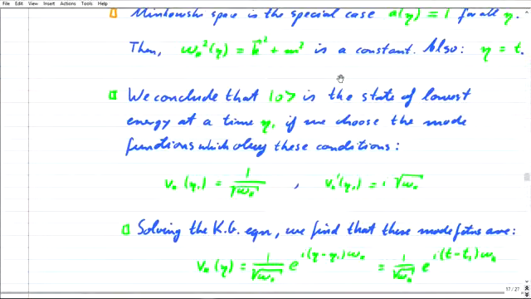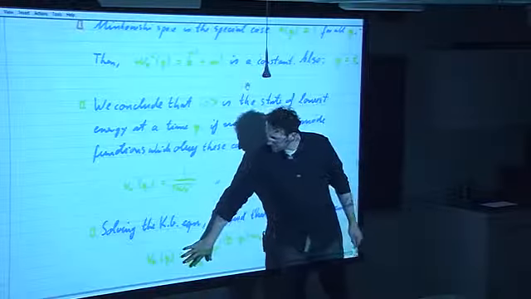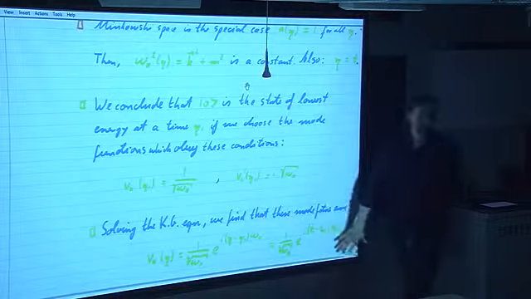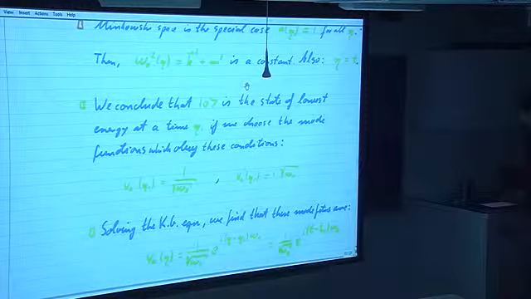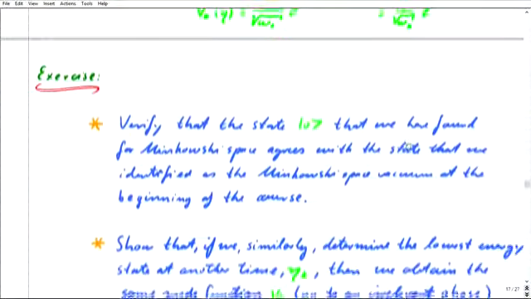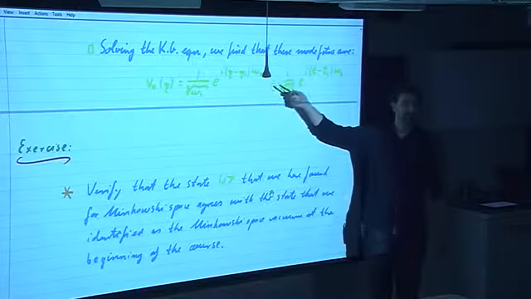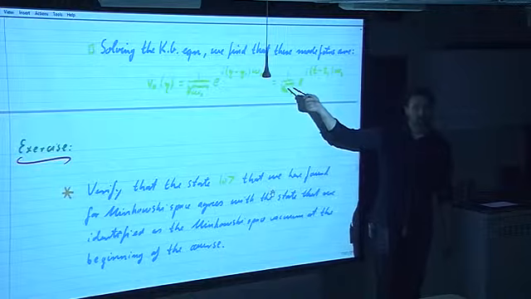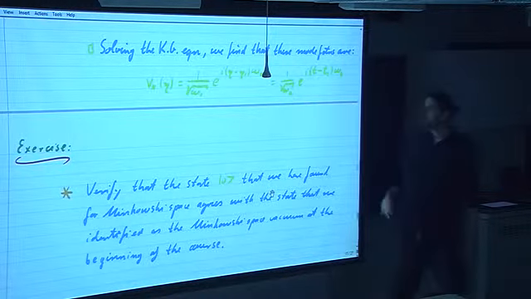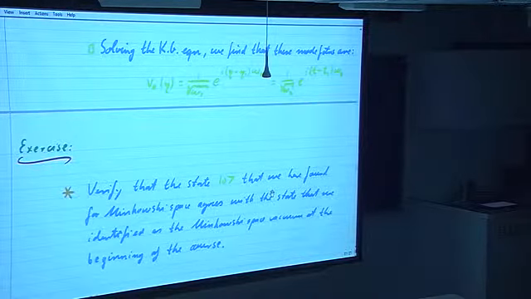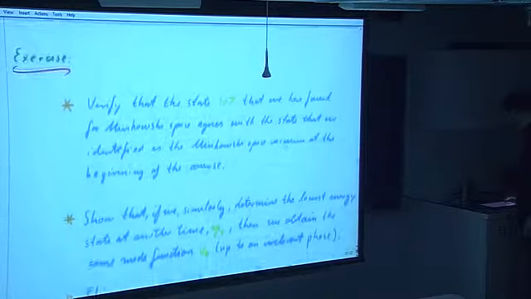So in the case of Minkowski space, this is the mode function that we derived in this way. And indeed, you should recognize that we worked with these mode functions before. That's exactly the mode functions that we worked with before in Minkowski space. So they were actually minimizing the energy.